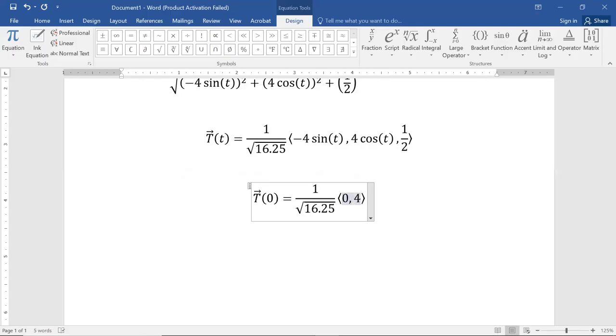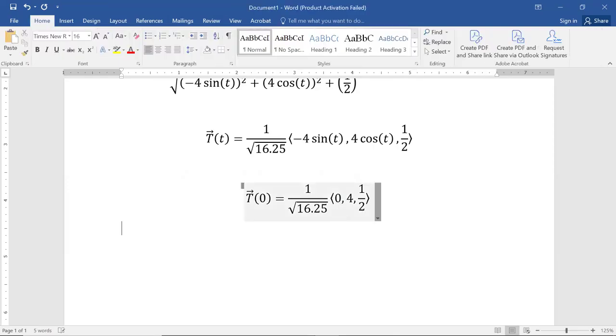Therefore, the y component is a 4. And when you plug in 0 into a constant, you just get the constant. So you get 1/2. So that is my unit tangent vector when I plug in 0. You can check that that's going to be a unit vector if you want. I'm not going to right now, but if you'd like to, you can.